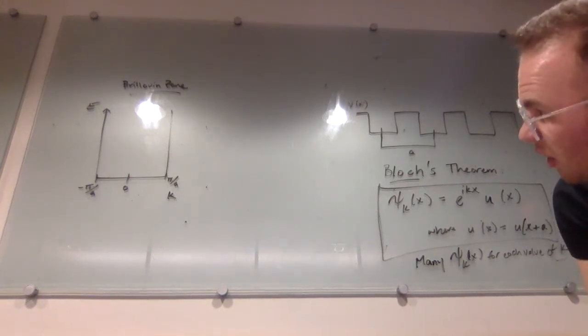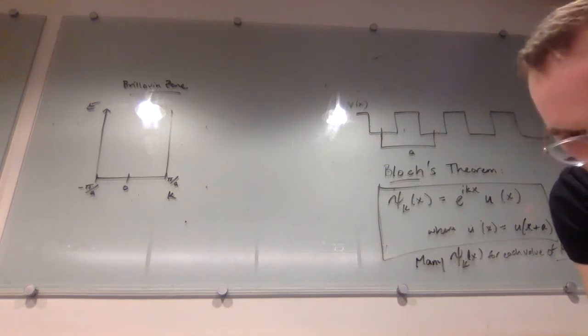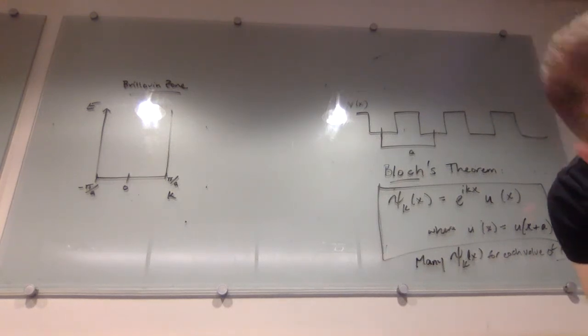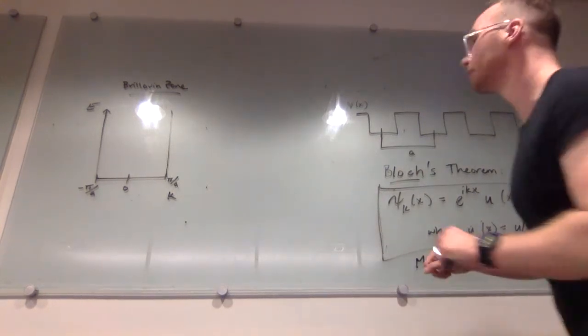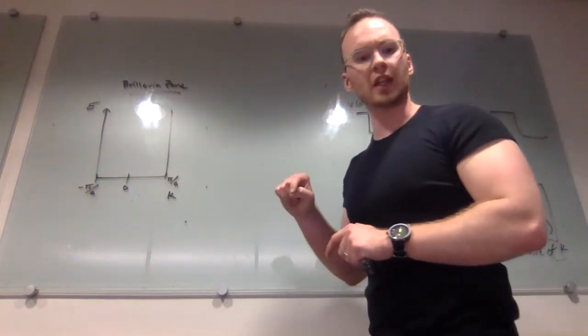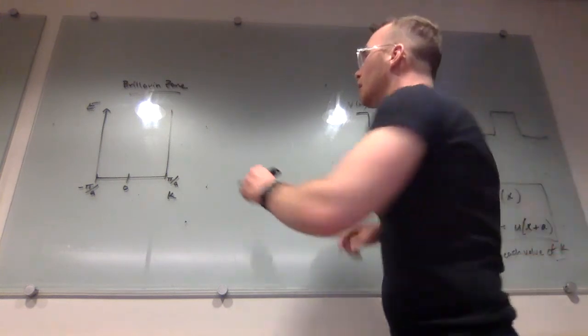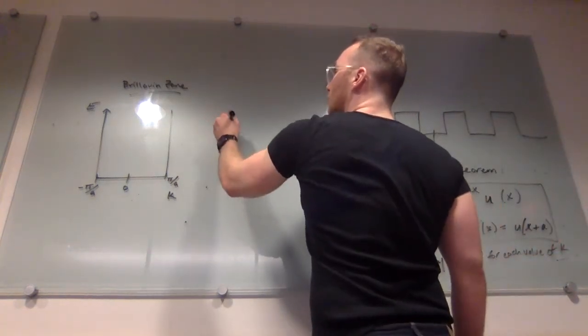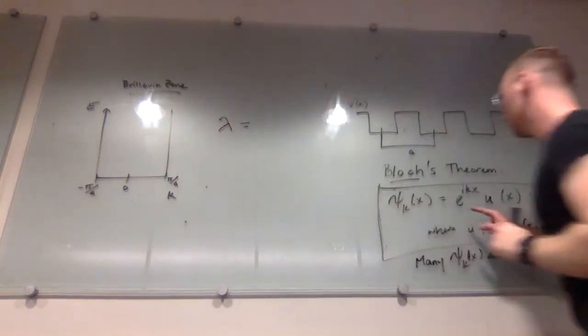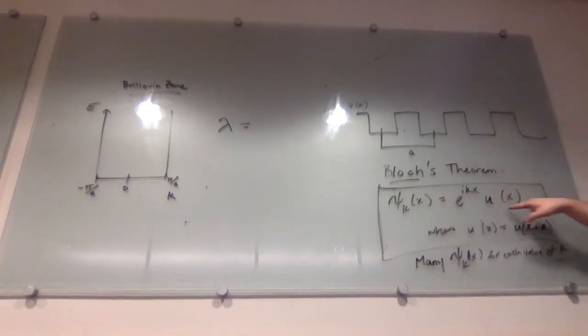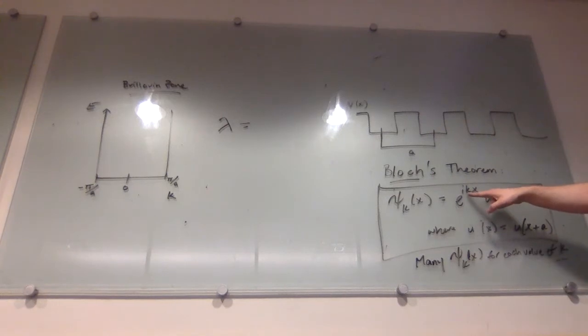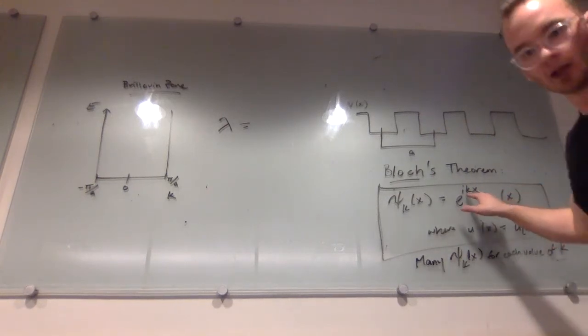Let's talk about wavelength, since they ask about it in that question. This is a periodic thing times a plane wave. It is a plane wave, and k is the same k that we've seen before with plane waves.